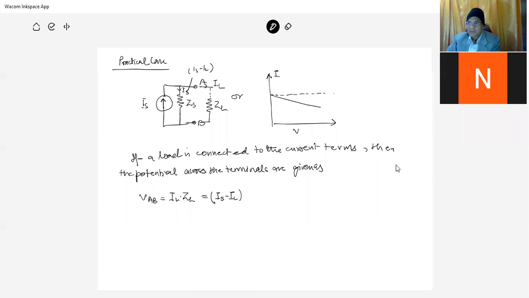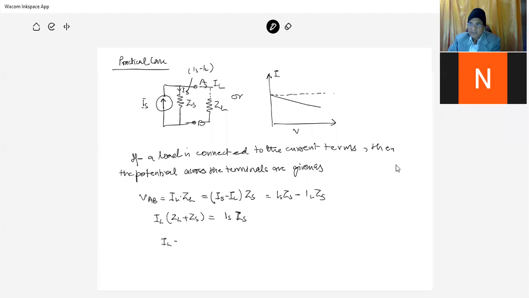This is ZS. So VAB is (IS minus IL) ZS, that is IS ZS minus IL ZS. Taking IL common, ZL plus ZS is equal to IS ZS.